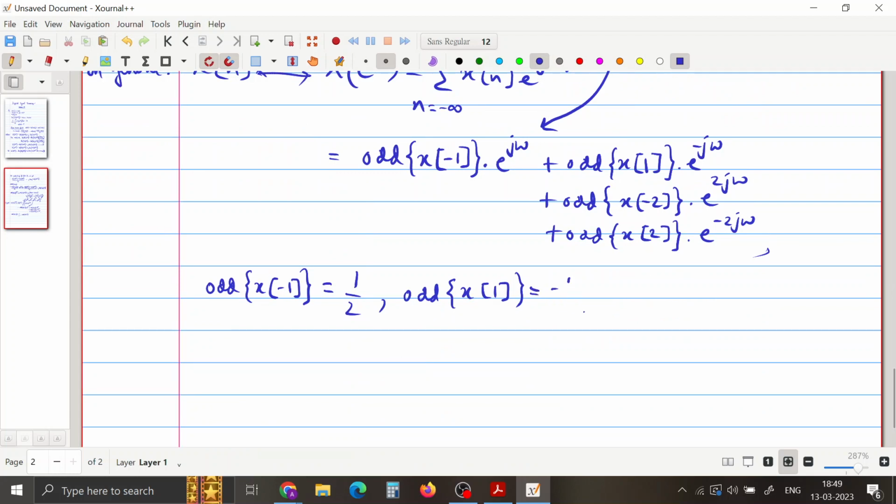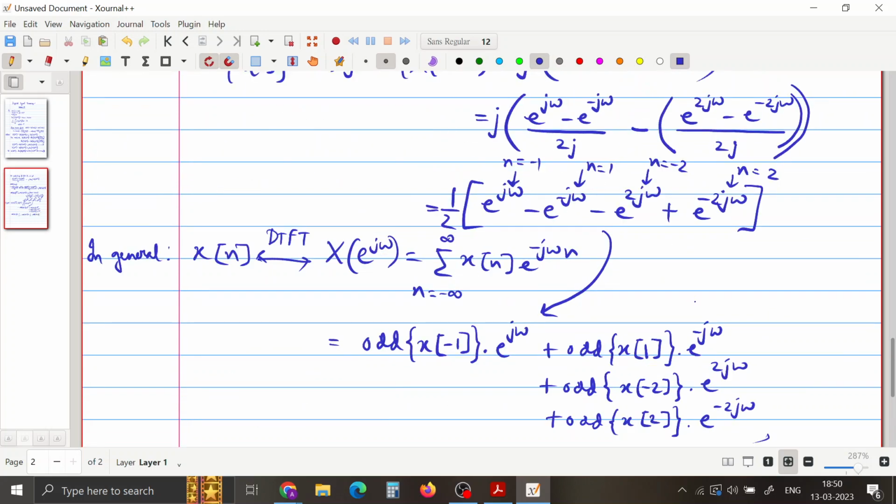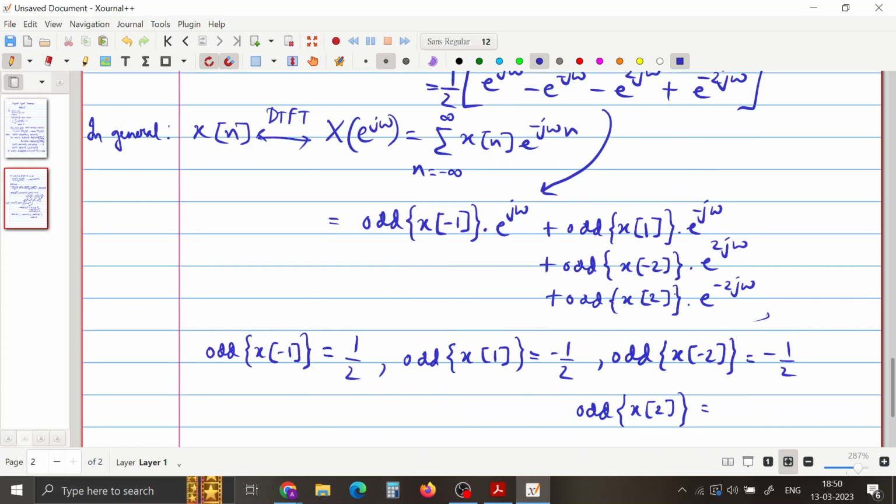At n equals minus 2, just compare the coefficients of e power 2j omega, it is again minus half, and for n equals 2 we have half.